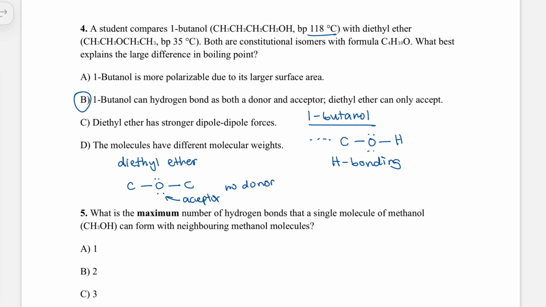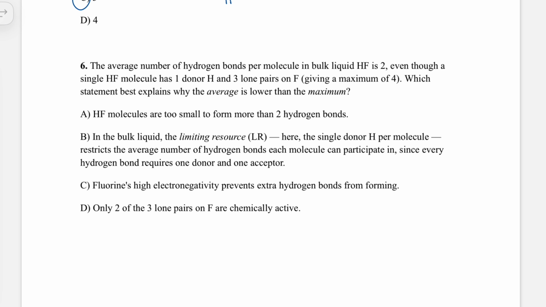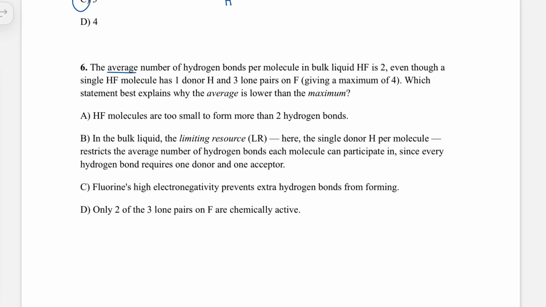So we have 2 acceptors here and 1 donor here. And the maximum number of hydrogen bonds is just going to be the number of sites for donating and accepting. So in this case, there's 3. So the maximum number is just going to be 3. However, this differs from the average number of hydrogen bonds. So this one we're talking about maximum. This one we're talking about average.